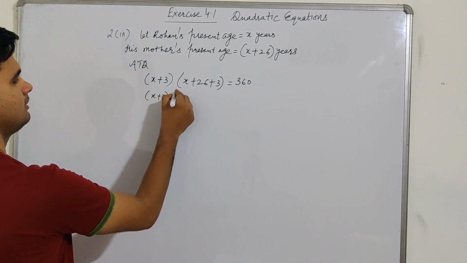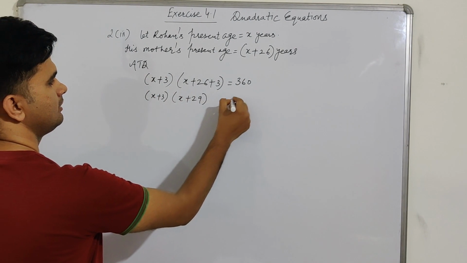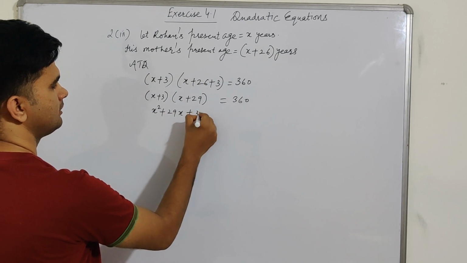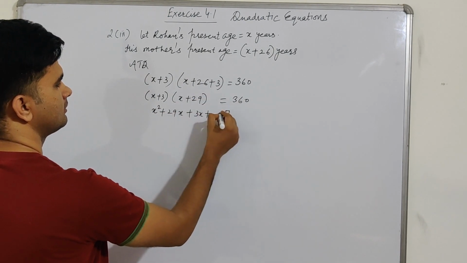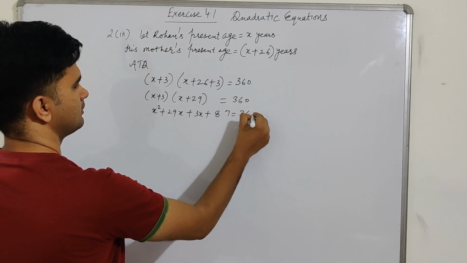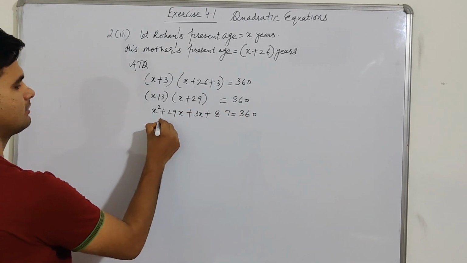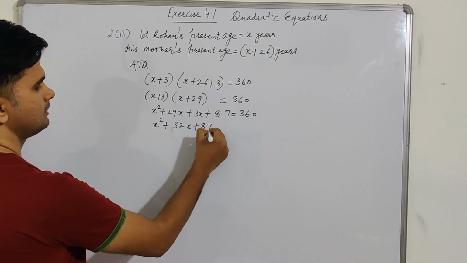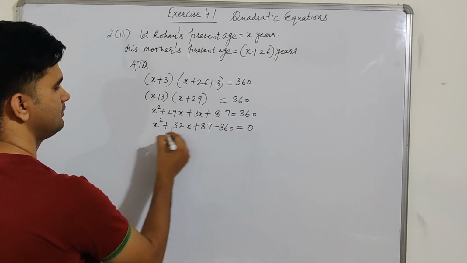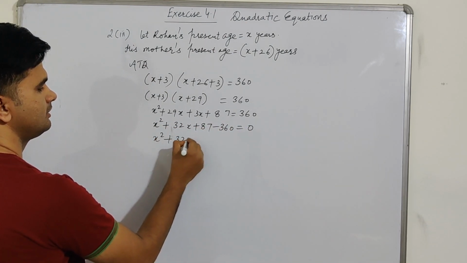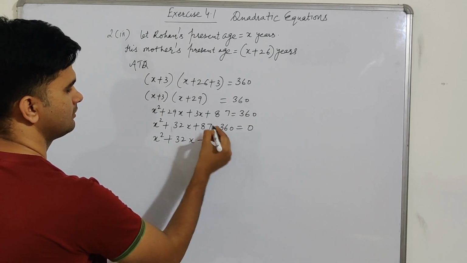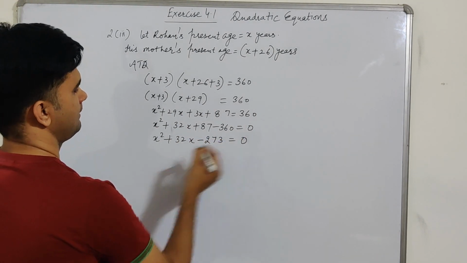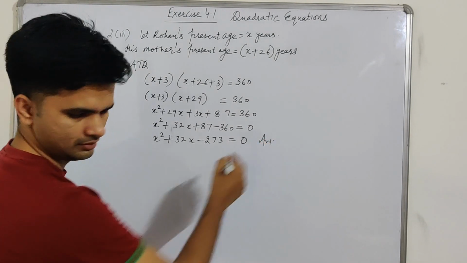So x plus 3 into x plus 29 is equal to 360. x square plus 29x plus 3x plus 87, so x square plus 32x plus 87 minus 360 is equal to 0. x square plus 32x minus 273 is equal to 0. This will be our answer.